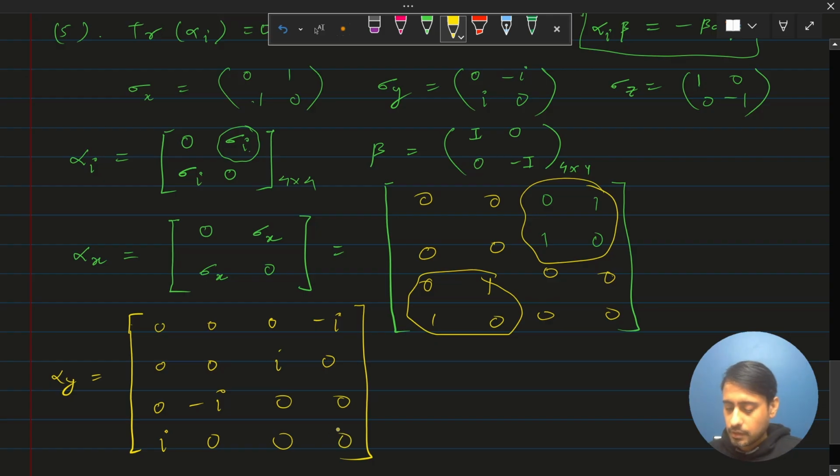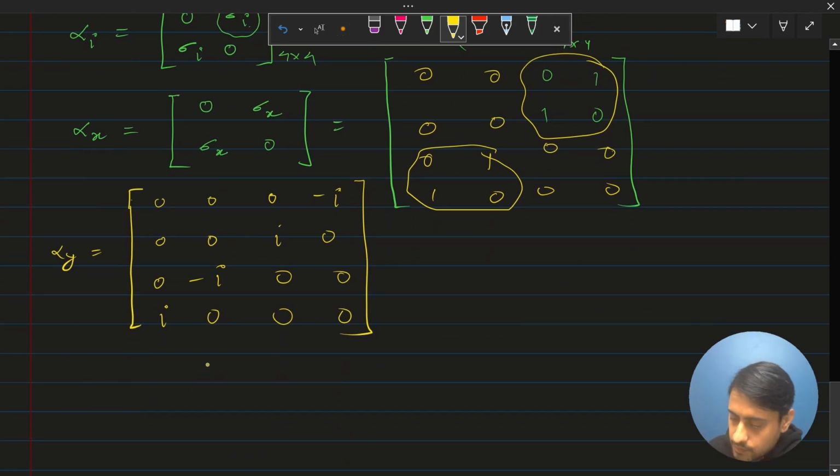So this is sigma y. And similarly we should write alpha y, and we can write alpha z also.